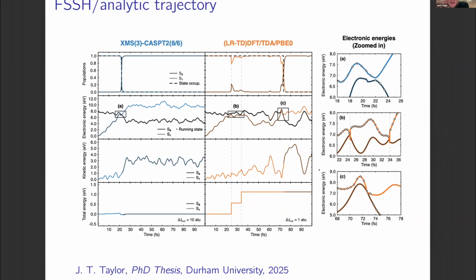It would maybe give a more formal confidence that the description TDDFT is giving is not as problematic as what we're seeing here. But I can't speak for that just yet because I am still learning.